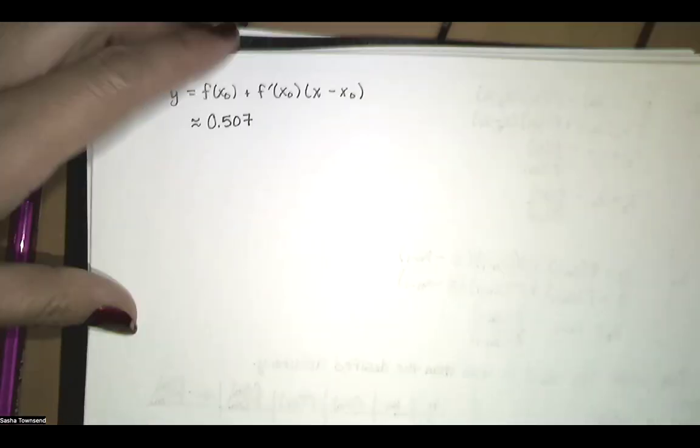So the next tangent line, for x1, is y equals f of x naught plus f prime at x naught times x minus x naught. And that's approximately 0.507, right? Oops, I can't see my paper.